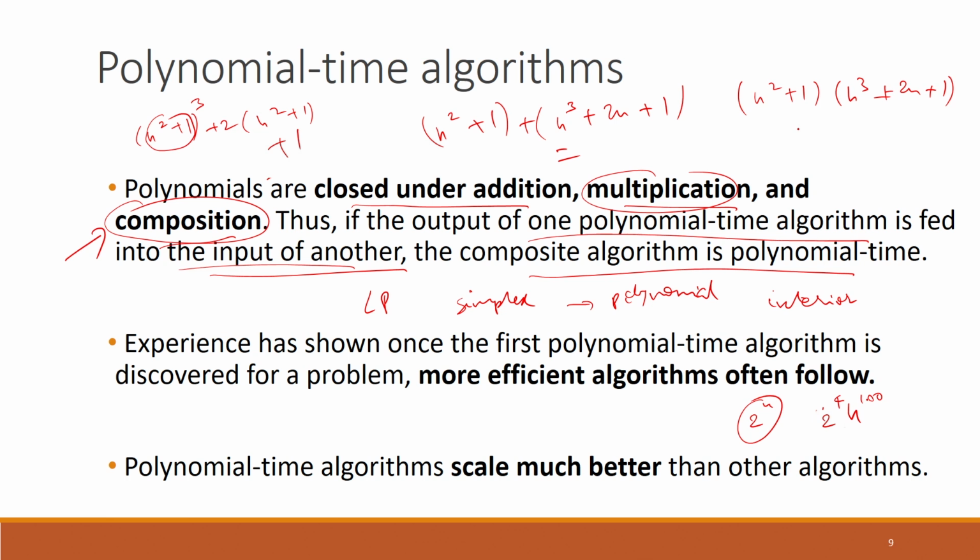So I put very large constant values and exponent values for this n, but even though this is a polynomial function which seems to be growing very fast, there will be a point at which this 2 to the power n will become larger than this function. So we will be seeing some more examples to understand and appreciate this fact in the next class.